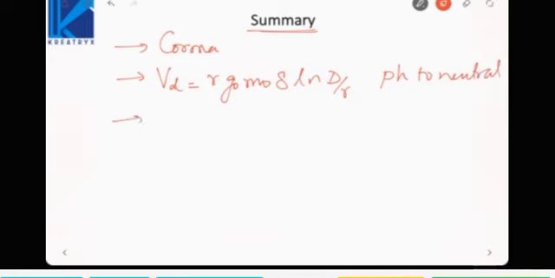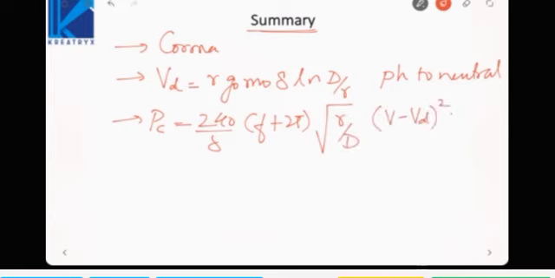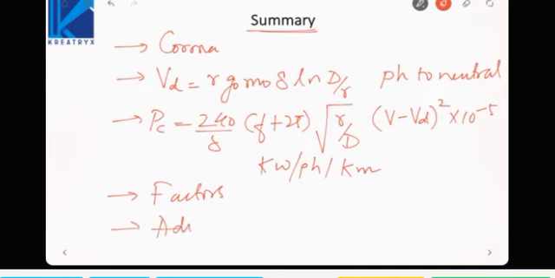Then we saw corona loss, which was 240 by delta (f plus 25) under root r by D (V minus Vd) square into 10 raised to power minus 5 kilowatt per phase per kilometer. Then we saw the factors affecting corona and the advantage and disadvantage of the corona.